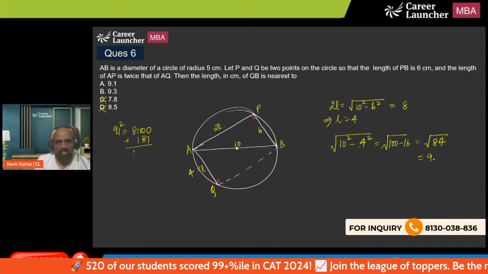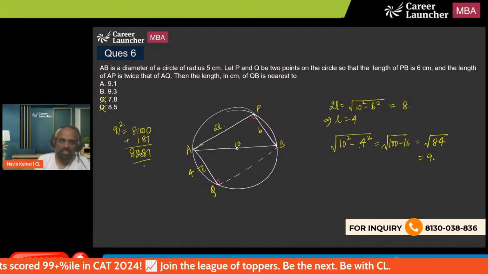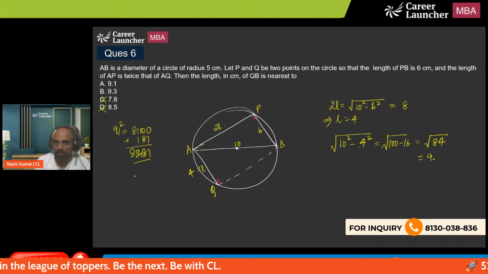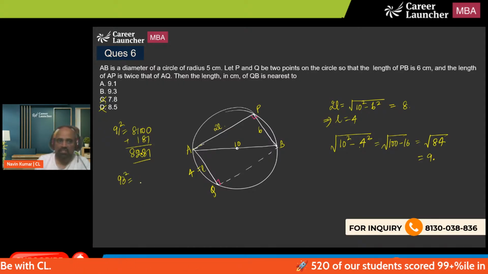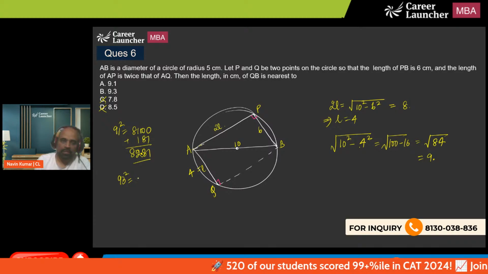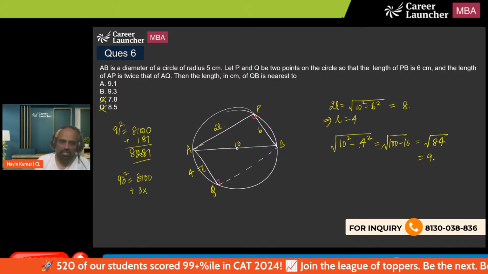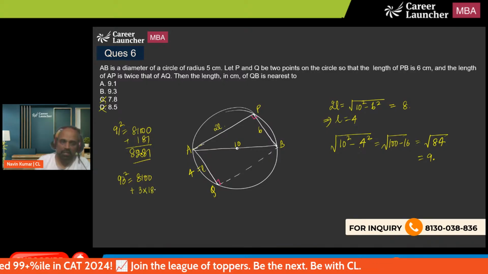So this is 8281. So basically saying 82.81 ka square root would be 9.1. And if you take 93 square, this is going to be 8100 plus 3 times of 90 plus 93, which is 183.